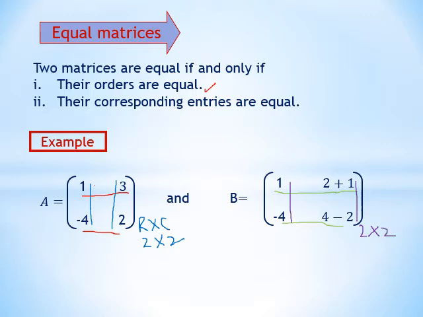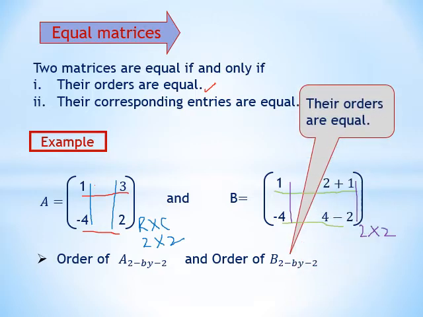So order of A is 2 by 2 and order of B is 2 by 2. So both orders are equal. Order of A is 2 by 2, order of B is also 2 by 2. So their orders are equal. It means that first condition is satisfied.